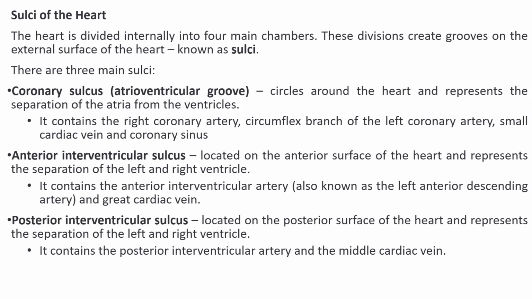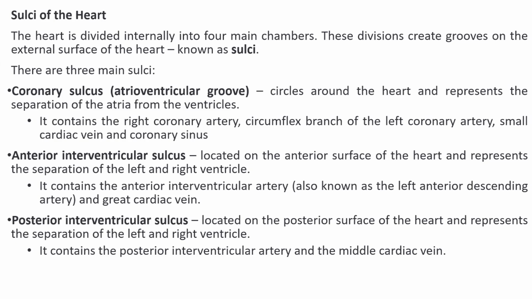The second sulcus is the anterior interventricular sulcus. It is located on the anterior surface of the heart and represents the separation of the left and right ventricles. It contains the anterior interventricular artery, also known as the left anterior descending artery, and the great cardiac vein.